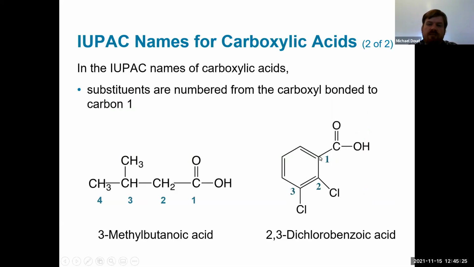For this numbering scheme, the number 1 carbon is the carbon on the ring that's attached to the carboxylic acid group. Then you number it from there, either clockwise or counterclockwise, whichever gives the lowest numbering. So this becomes 2,3-dichlorobenzoic acid. Likewise, over here, we have a methyl group on the third carbon, so that's 3-methyl butanoic acid.